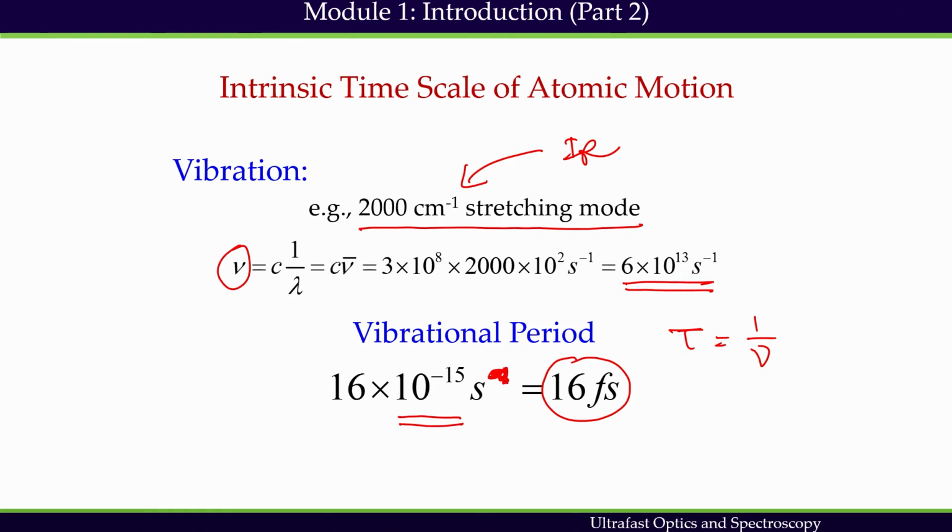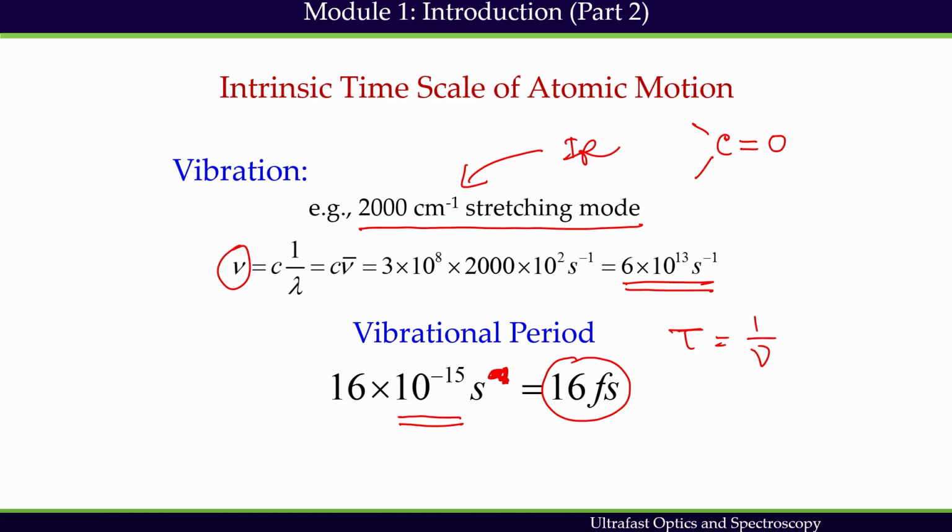So what does it mean? A 2000 wave number stretching mode could sometimes be, let's say, a C double bond O. If we have this kind of functional group in a molecule, it will vibrate with a 16 femtosecond period, which means that it will stretch and recompress.